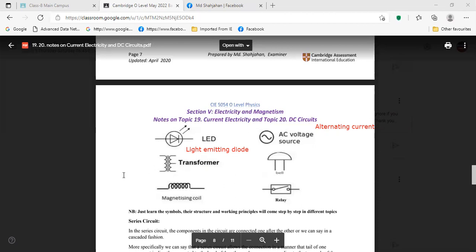So here you write, it's a device to modify the magnitude of voltage.